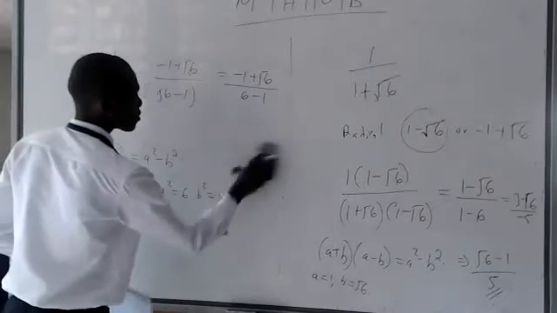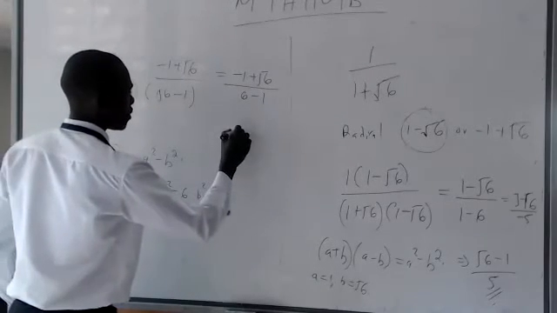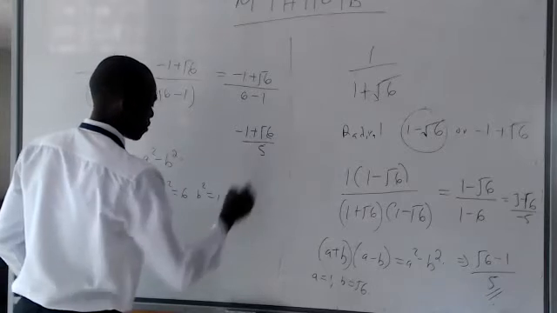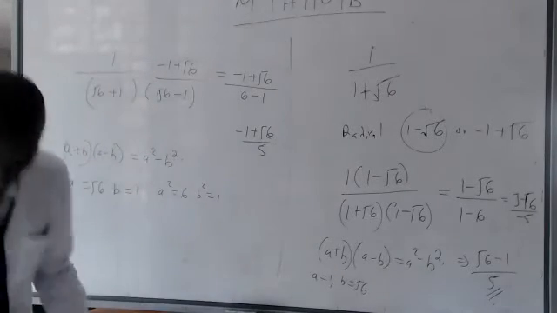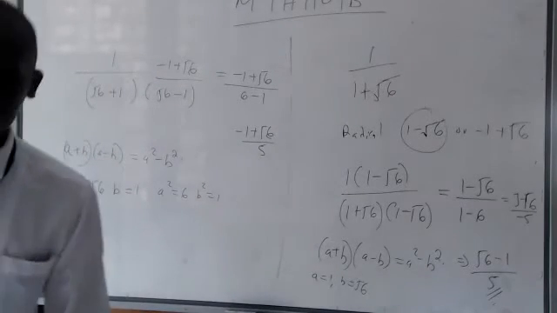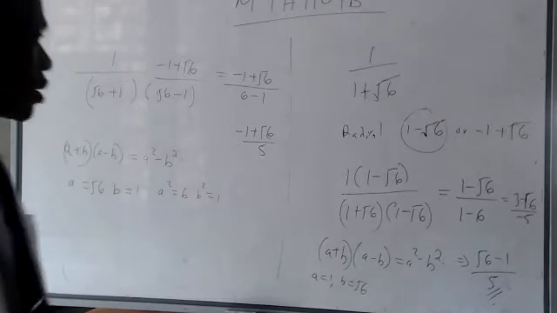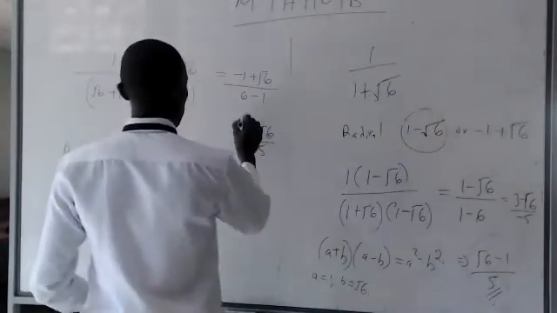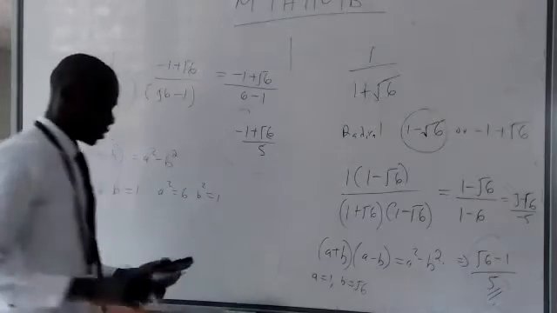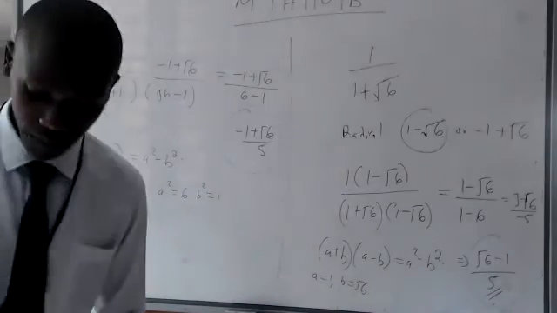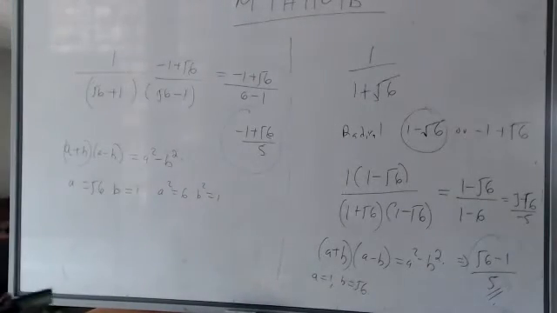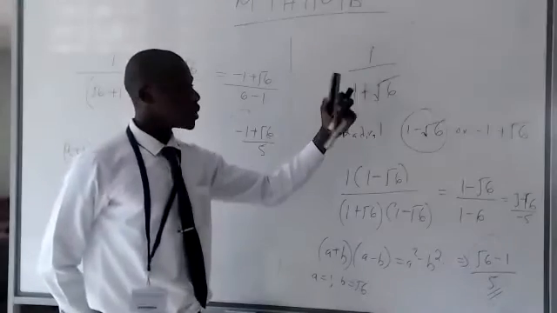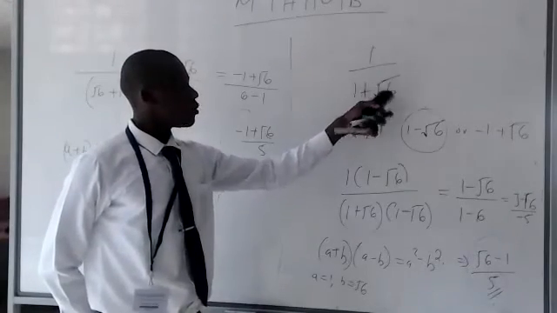And then this simplifies as negative 1 plus root 6 divided by 5. And that should be the same as what you get on the other side. So it should be identical. This is 6 minus 1. This is also like 1 plus 6, which is the same. Any question?